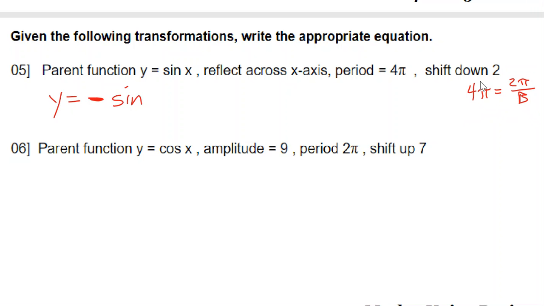Anytime that you have a number on the left and then you've got a fraction on the right and your x is the guy on the bottom of the fraction, all you have to do is switch the b and the 4 pi. Now by the time I reduce that, that's going to be 1/2, so that's going to be 1/2 x. You could say x over 2. And then the shift of down 2 is going to go on the end.